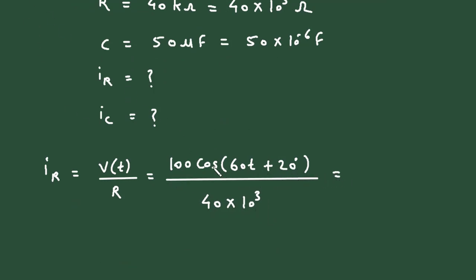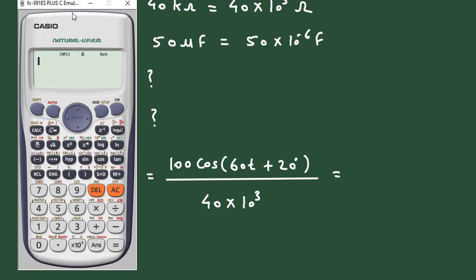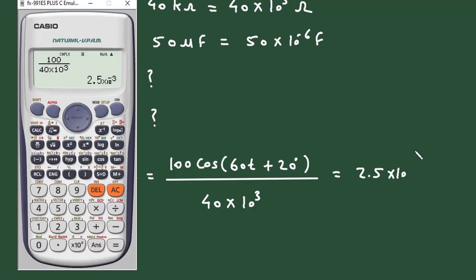Now we can easily simplify this, so it will be 100 divided by 40 × 10^3. So it is 2.5 × 10^-3.